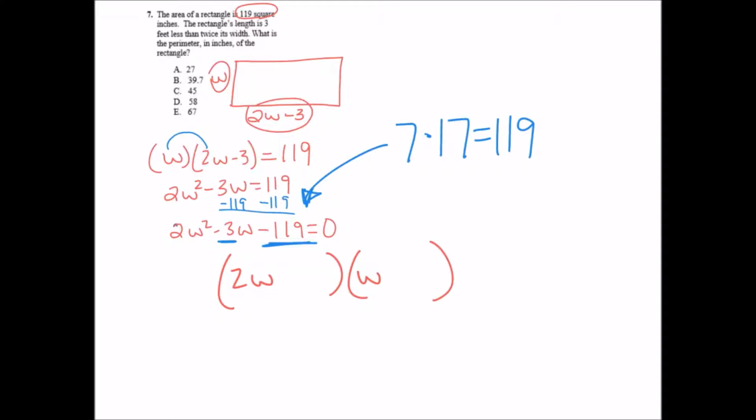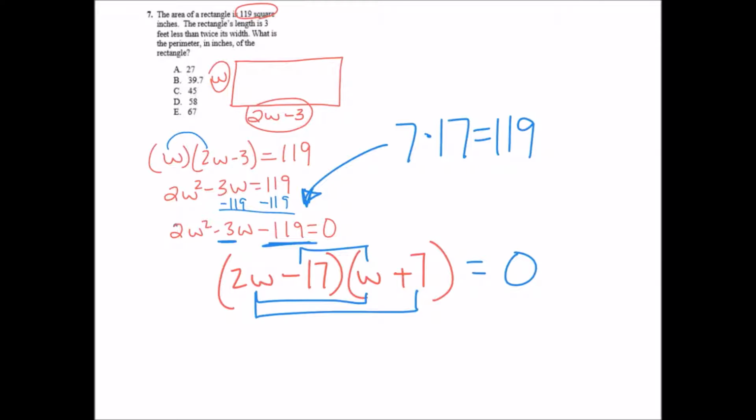So if I were to put the 7 here and make that positive, and put the 17 here and make that negative, using the FOIL method I could check, and I would see I would get 2W squared plus 14W minus 17W, and then minus 119. So that would exactly be what I was looking for. And also, now I know that those things are going to be equal to 0.